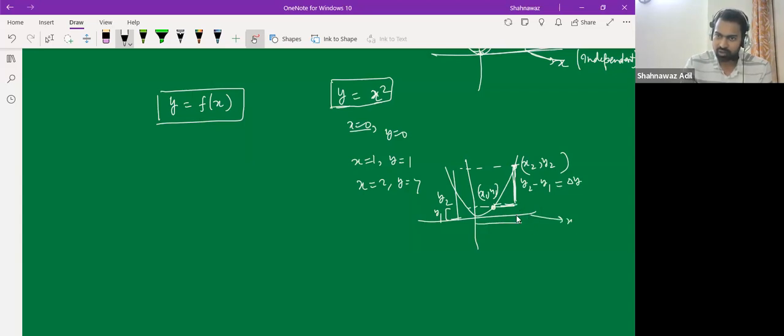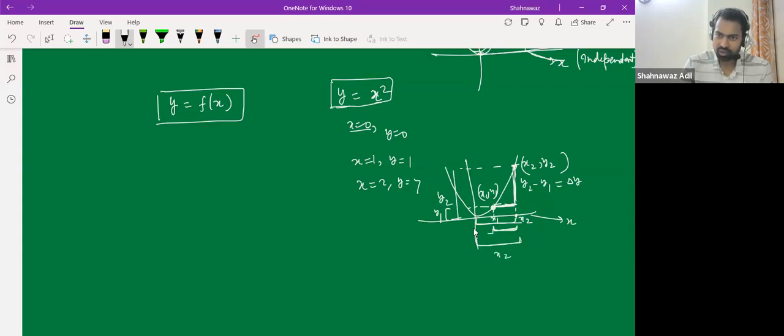And this is the x-axis, right? So this point is how much? This is x2. And this is how much? x1, right? So if I calculate this, how much would this be? Total is x2.